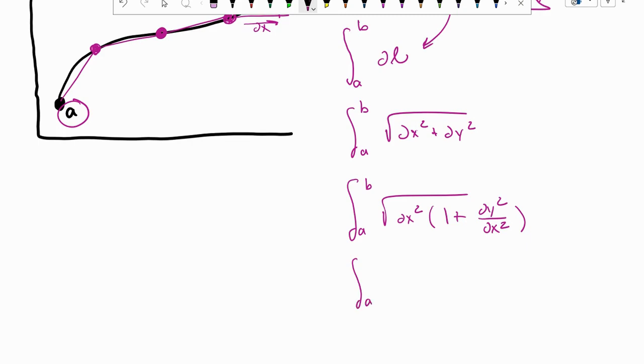Integral from a to b of the square root of 1 plus dy over dx squared, because of exponent rules, dx. Now, this gives us something we can actually solve for. dx, that's the differential we're differentiating with respect to. And dy over dx is just the derivative of f of x. So this is easy enough.